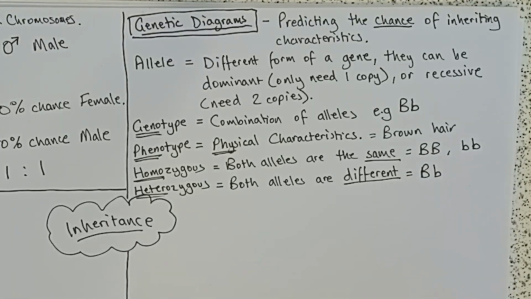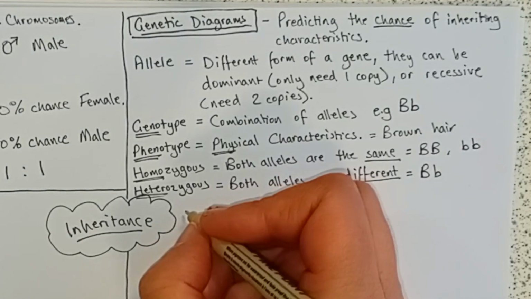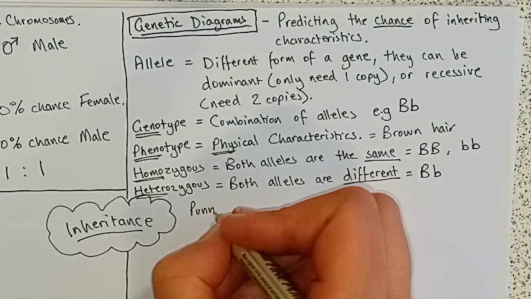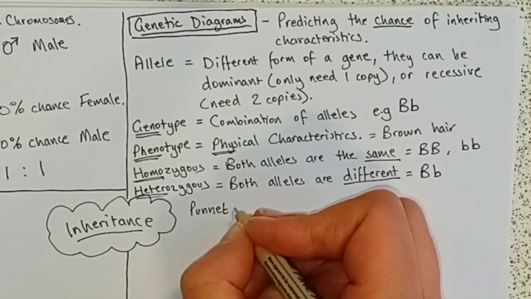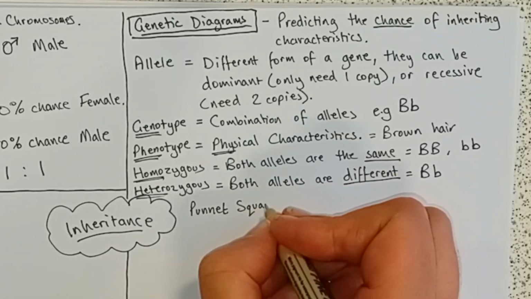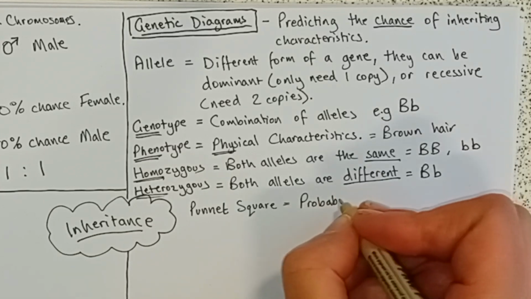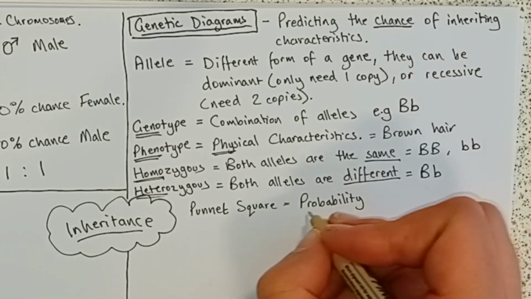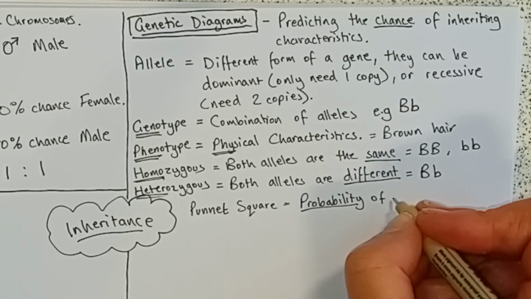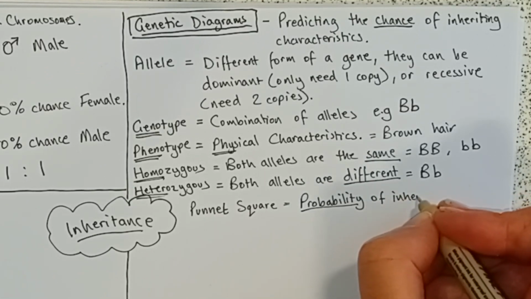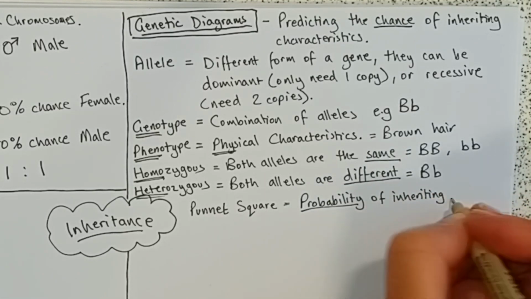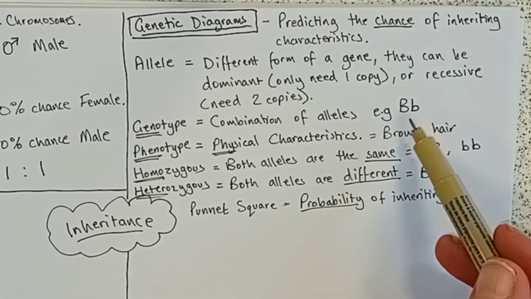Right, let's have a look then at a Punnett square of this. Remember, Punnett squares are just predicting the probability, or chance. So we're going to use this example again.